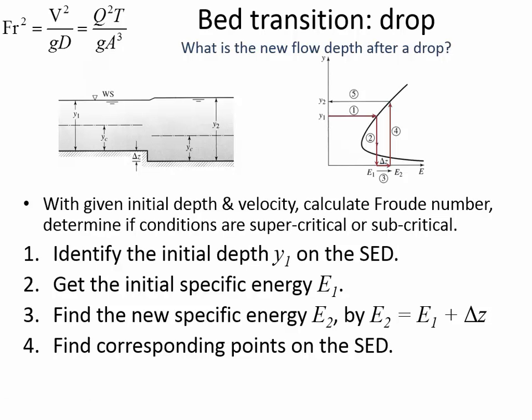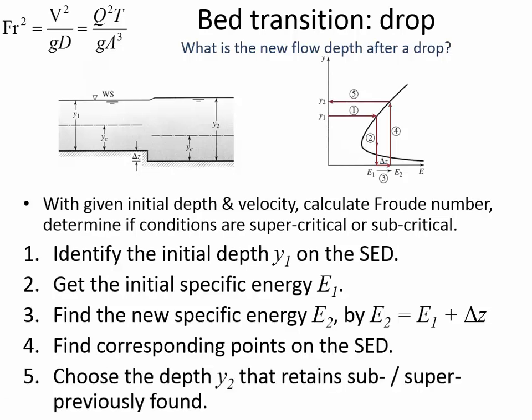And so finally, we go from that curve over towards the vertical axis again, and that's our new depth y2. So the depth actually gets deeper because of this step downward, because of the drop-off. If it had been supercritical flow at 1, then the depth would get shallower.